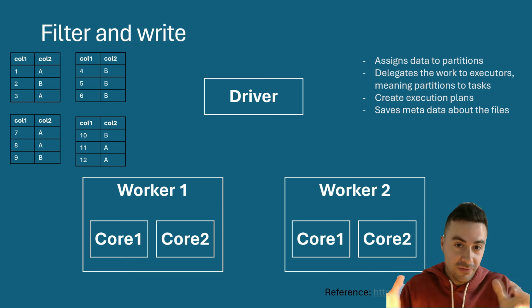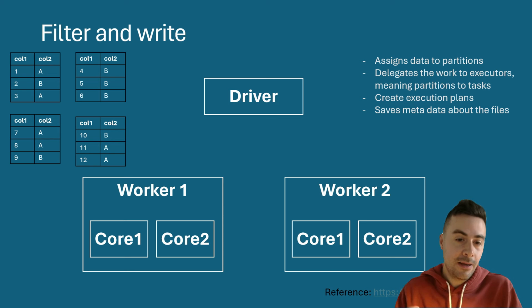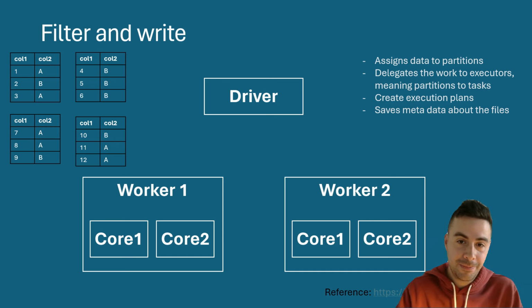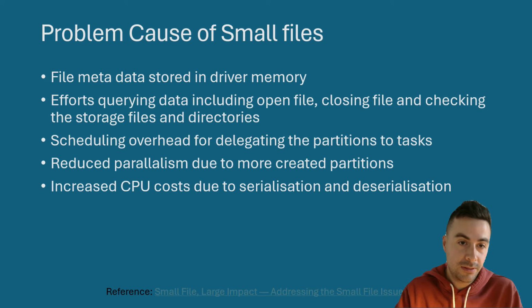Meaning if you have a lot of small files in one partition, all those things like opening, closing the file, the schema inference, etc. have to be done all together at once. And I mean, if you're doing a lot of things in parallel, it's not very efficient. And all those metadata is also saved in the driver. So this brings also an overhead for the driver at the end.